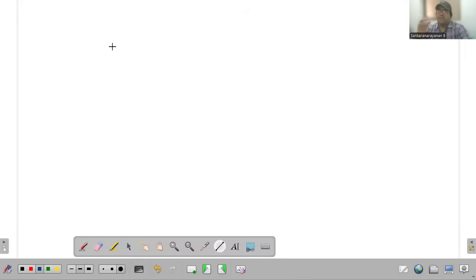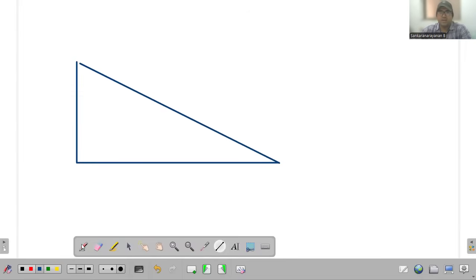Dear students, before we attempt the next question, let us deal with the special triangle, that is this 30, 60, 90 triangle. Let me say this is 90 degrees, this corresponds to 60 degrees, and this measurement is 30 degrees. I am calling this triangle ABC and marking the vertices also ABC.